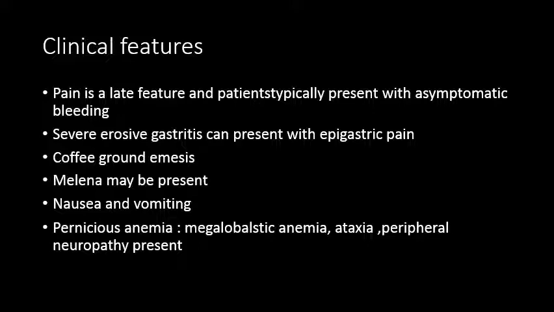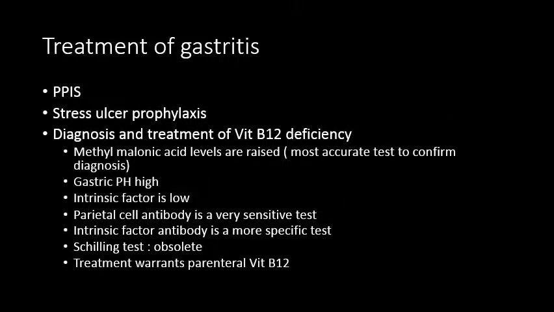Blood in the vomit, called coffee ground emesis, blood in the stool, called melena, or nausea and vomiting. And sometimes the pernicious anemia signs may also be there, like megaloblastic anemia, ataxia, or peripheral neuropathy. That's clinically.